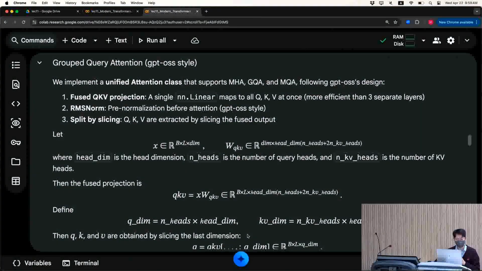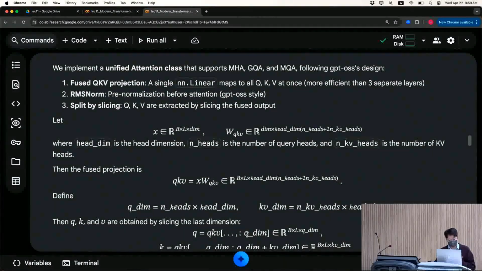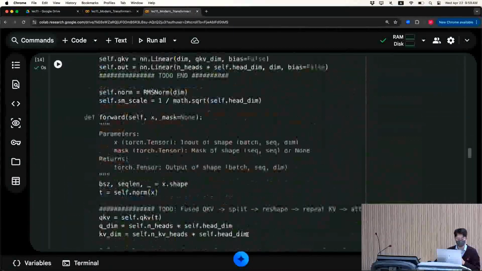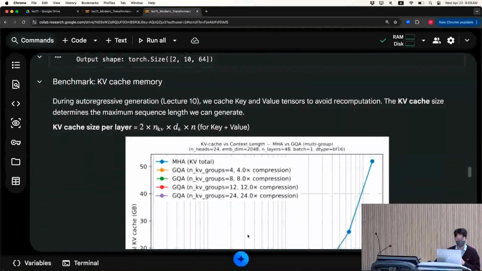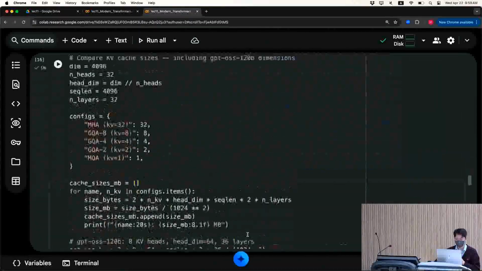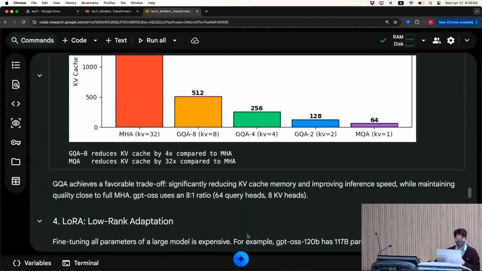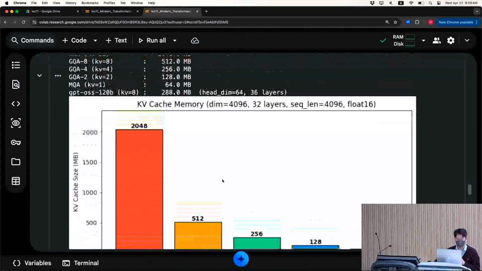Okay, so this time we're going to implement grouped query attention together and check the shape, and check the memory of the KV cache size.